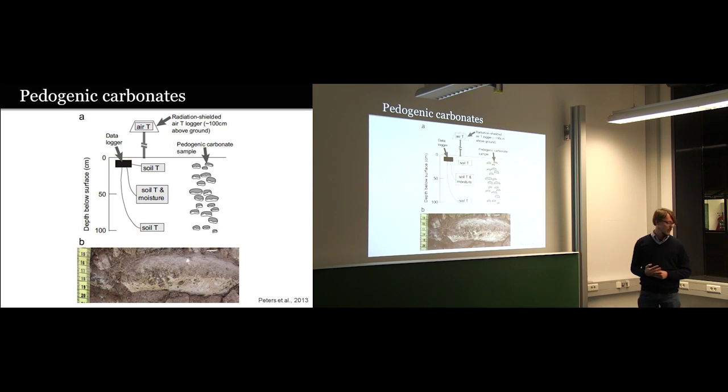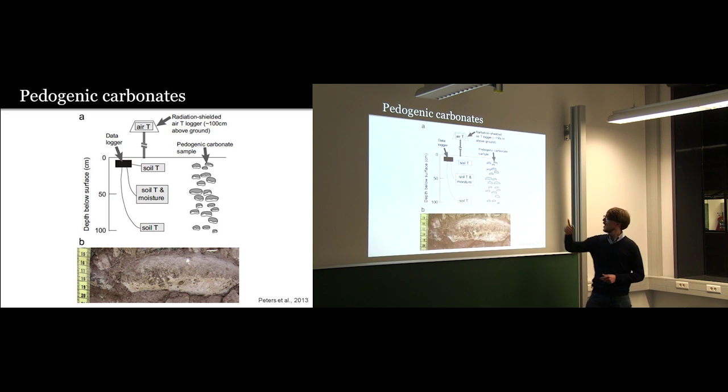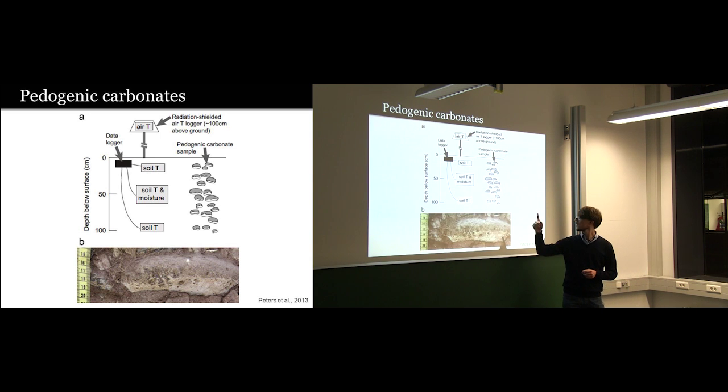So in general, pedogenic carbonates form when soil water evaporates, and it forms calcium carbonate precipitates around objects. These can be twigs, stones, or small materials, like a nucleus, and around this nucleus the soil carbonate starts to precipitate.